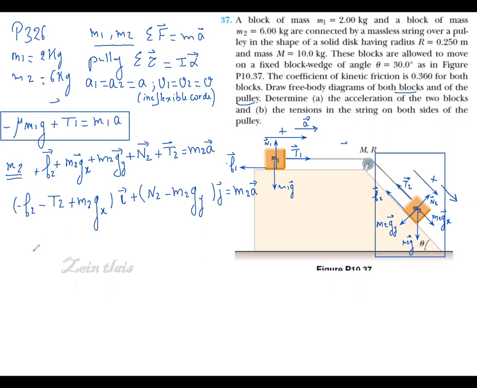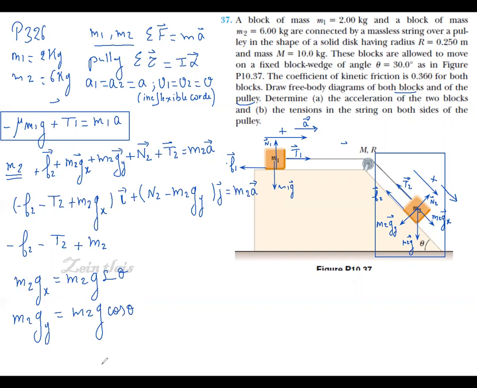Okay. Here we can write two equations: minus F2 minus T2 plus, in the case of an inclined plane, M2GX equals M2G sine theta, and M2GY equals M2G cosine theta.